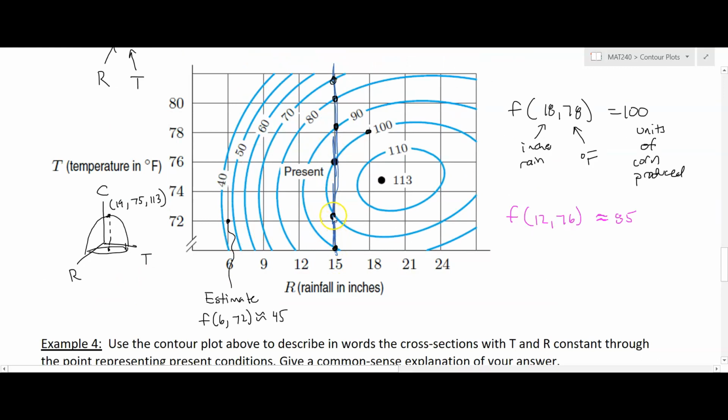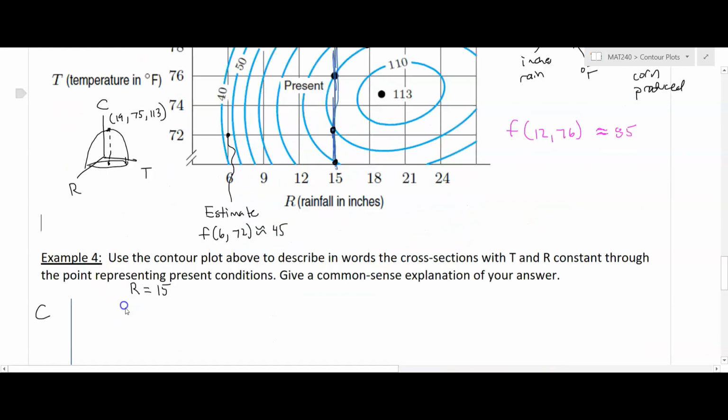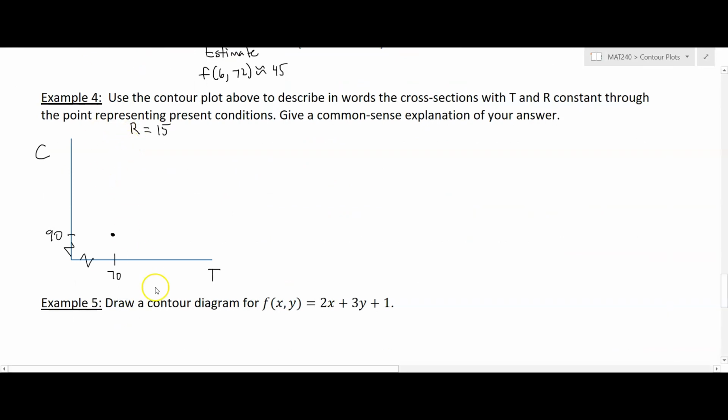Now, the next point that we have labeled, and we could interpolate between curves as well. It's just a little bit harder and less accurate to do. So here I have 15 inches of rain, pretty darn close to 72 degrees Fahrenheit. So at 72, I have a corn production of 100. We'll just increment this by units of 2: 72, 4, 6, 8.